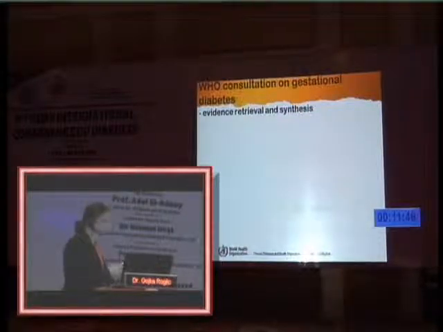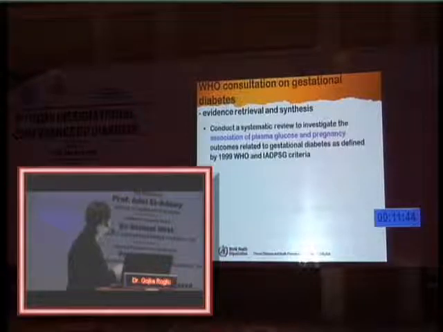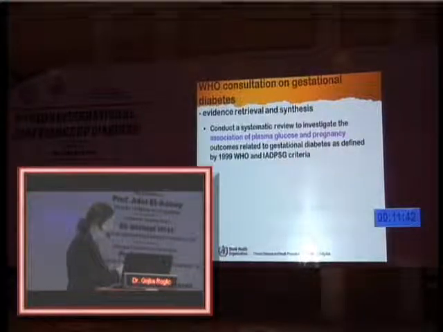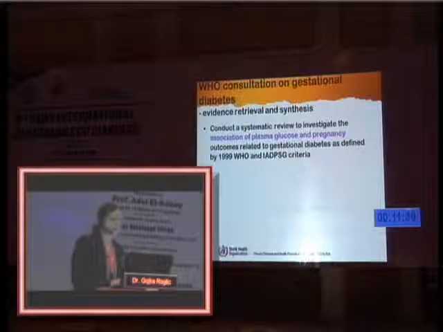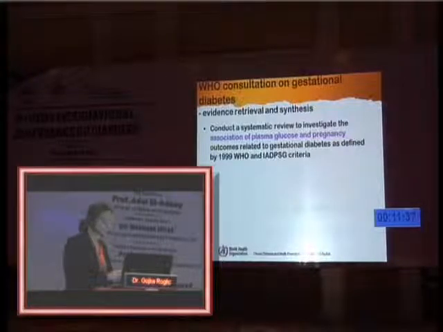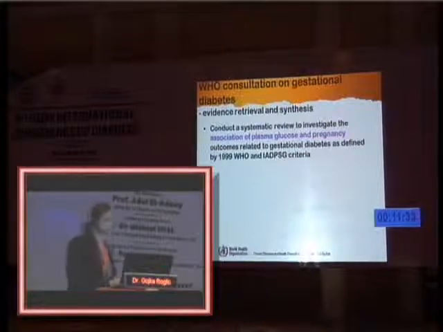So we retrieved some evidence and synthesized it. The first systematic review was to relate plasma glucose and pregnancy outcome as defined by these 2 criteria.